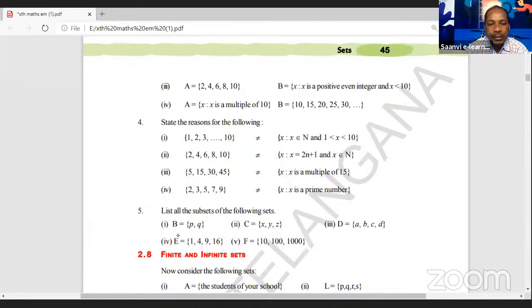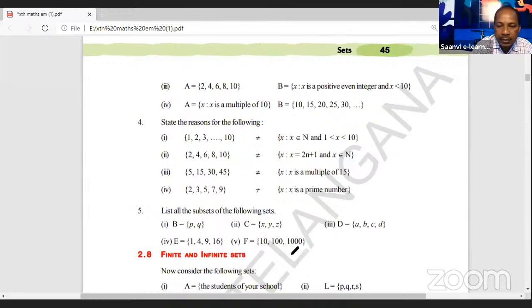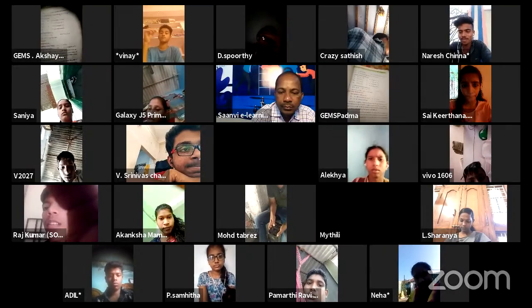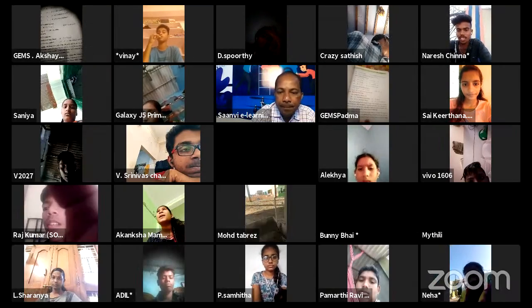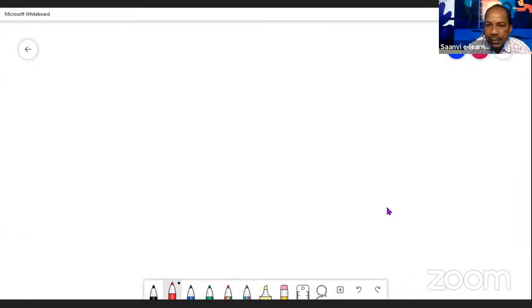And see the fifth bit, list all the subsets of the following sets. Okay, asking here, write the subsets of the following sets. Subsets, how we can write the subsets, already we have discussed. So I will explain only one problem in this. Remaining you have to write. See this last problem I will explain, 10, 100, 1000. Okay, see here.